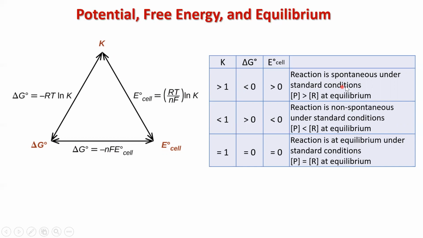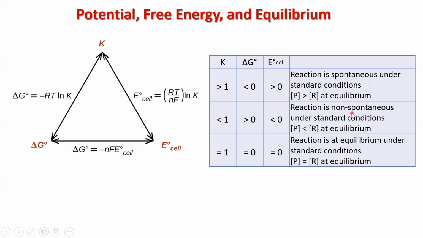Now, a reaction is spontaneous if K is bigger than 1, so we have more product than reactant. Our free energy, delta G, is a negative value, and our potential difference is a positive value.